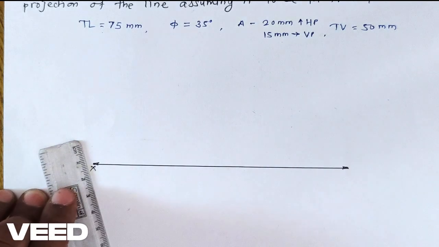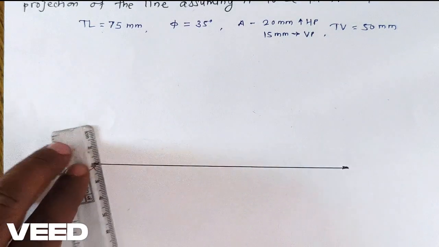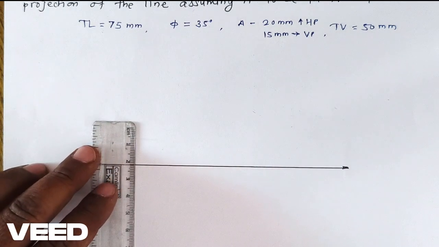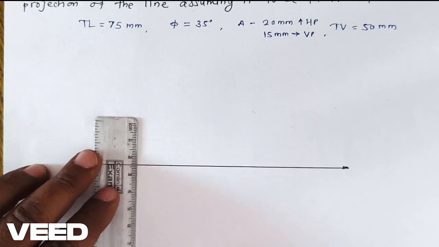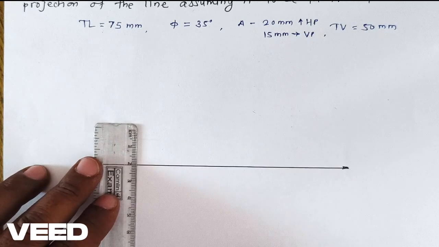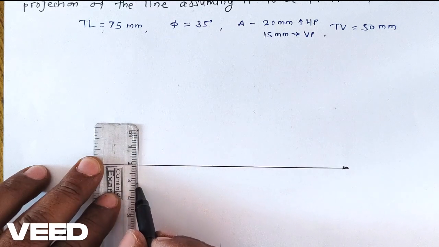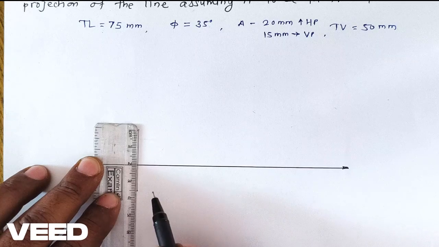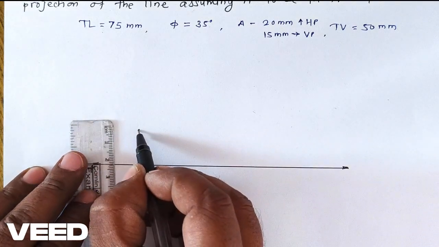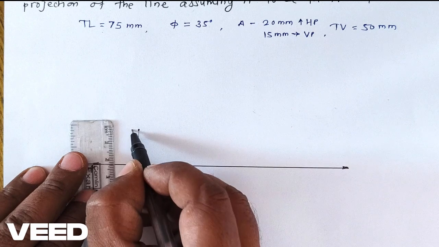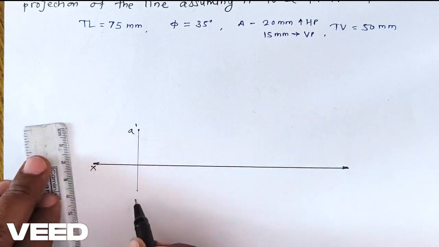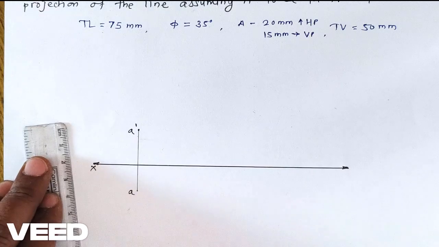Above HP means its front view is above the XY line by 20 mm, so from here I will plot 20 mm above the XY line. And 15 mm in front of PP means its top view is below the XY line by 15 mm. So this is the front view of A, which I denote as A dash.